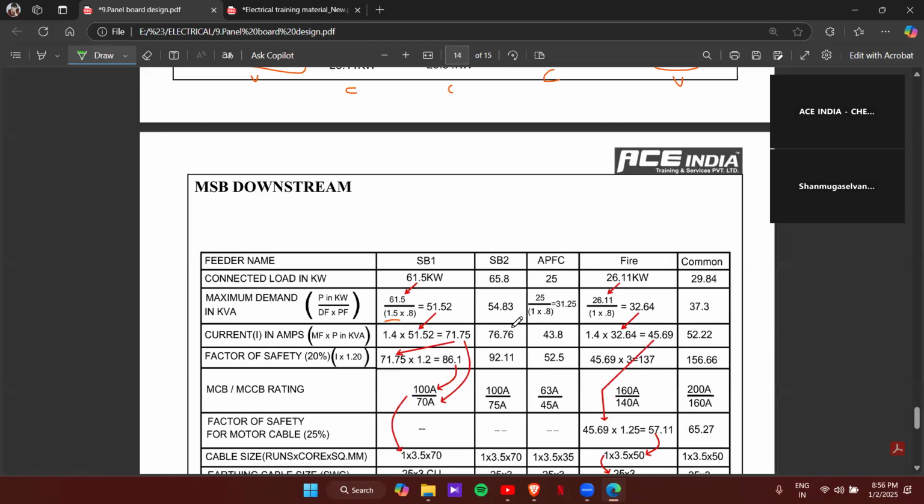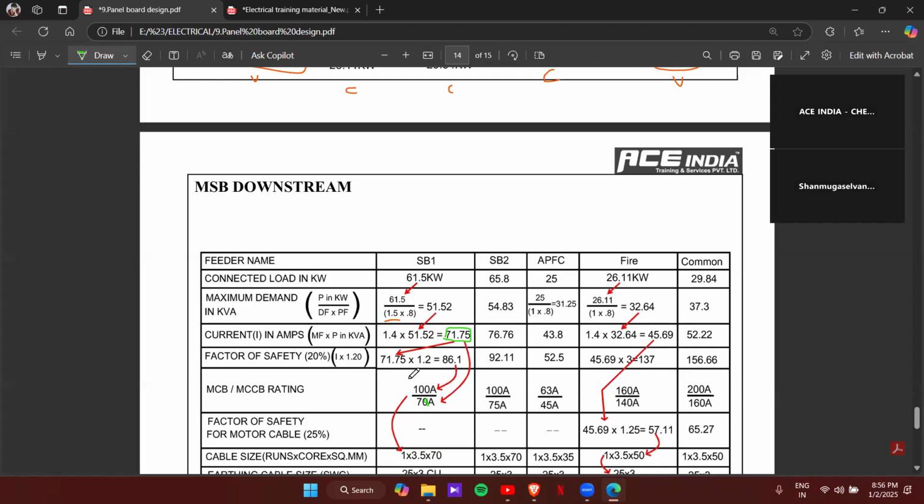And here we have selected an MCCB. So for MCCBs, we have two values, switch value and set value. Based on the current rating, we will choose the set value. Like actually, it is 71, so you don't have to take 70. You can go for 75. That will be better. Okay, 75 ampere. And after 86, next available rating will be 100 ampere.